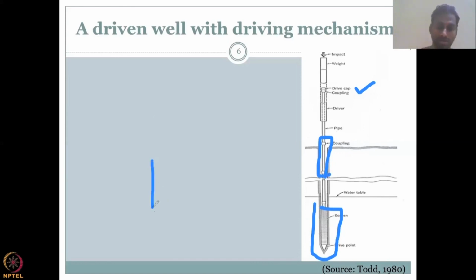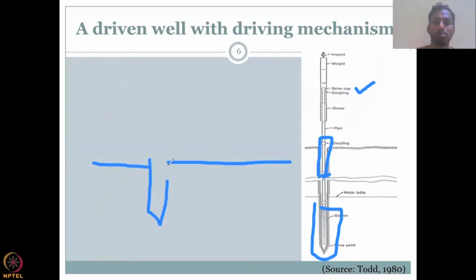Let me give an example. I have one drive point, and I'm hitting the head, and it goes in. Once it goes into the ground level like this, I want it to go further down. So I remove this top part.